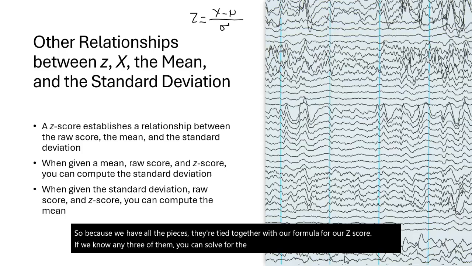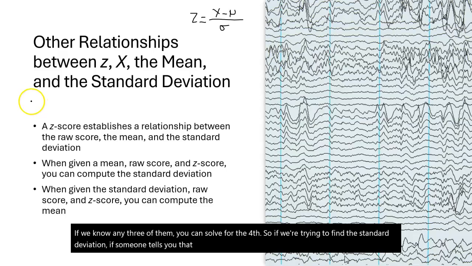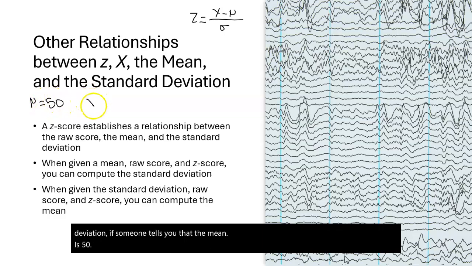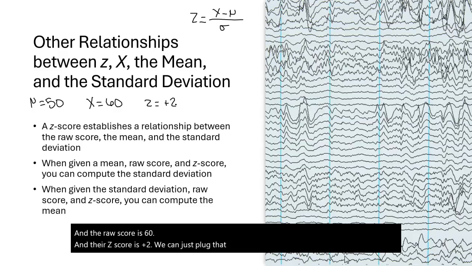So if we're trying to find the standard deviation, and someone tells you that the mean is 50, the raw score is 60, and the z-score is +2, we can just plug that in and solve for our standard deviation.